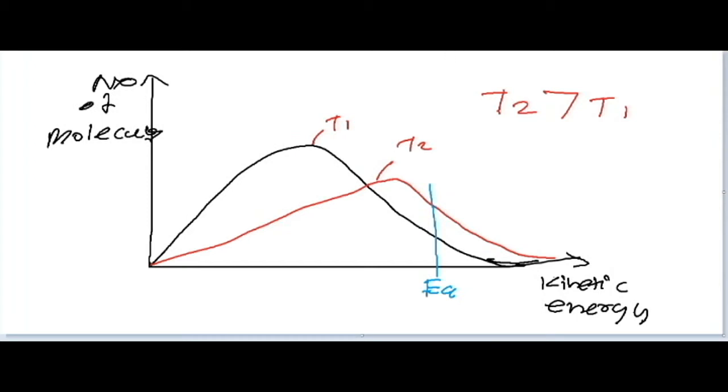Initially, the molecules at T1 temperature are like this. After raising the temperature to T2, greater than T1, the number of molecules increases like this, and the number of molecules gathered with activation energy increases. So this is the reason why temperature affects the rate of reaction.